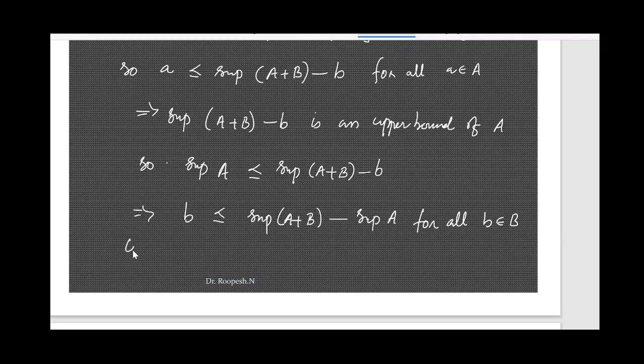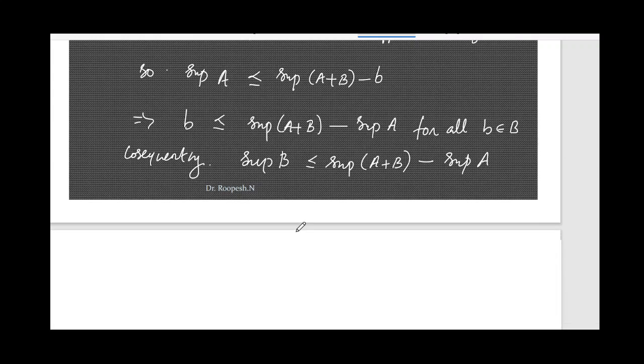Consequently, this is an upper bound, then supremum of B should be less than or equal to this. Supremum of B is less than or equal to supremum of A plus B minus supremum of A. Now we are finished, right?